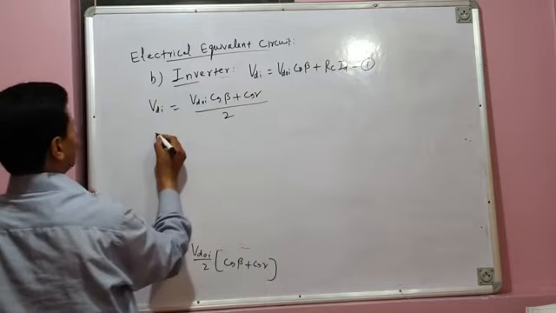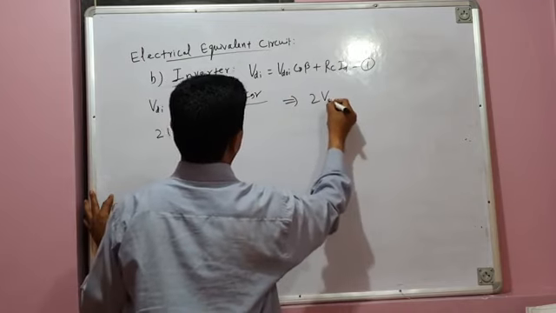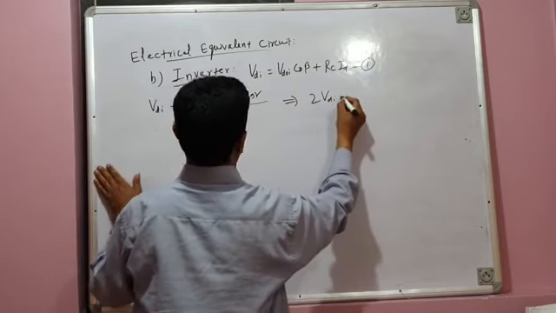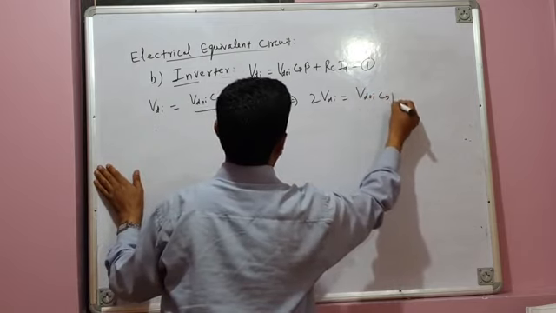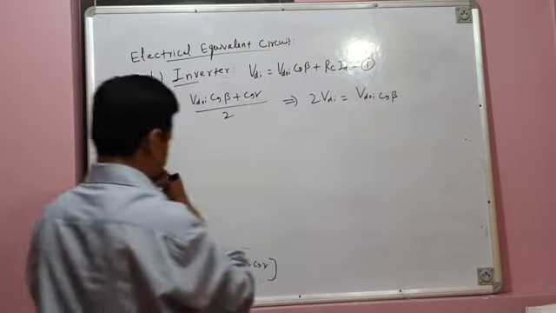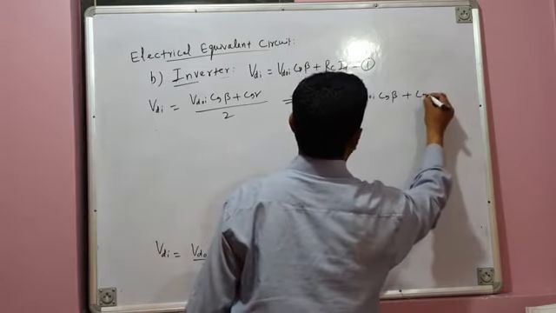If you take this 2 up, this will give you 2 VDI is equal to VDOI times cos beta plus cos gamma.